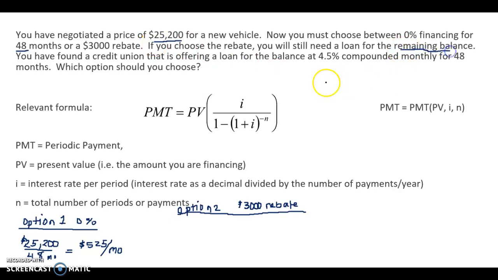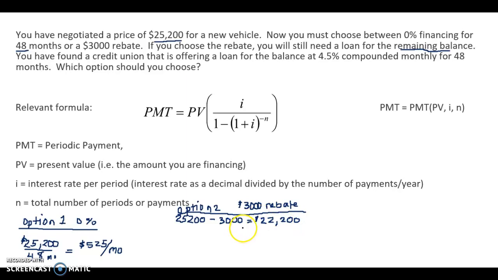So let me first figure that out. I'll take the $25,200 and subtract out the rebate, and that gives me a remaining balance of $22,200.